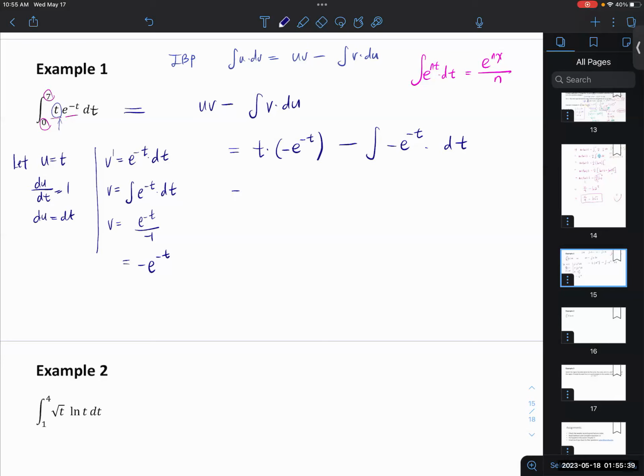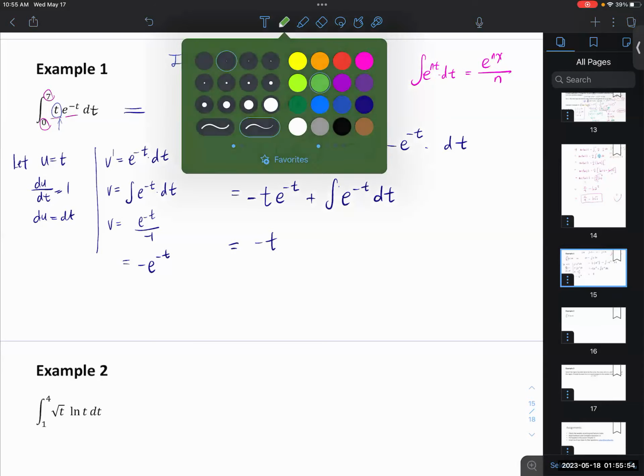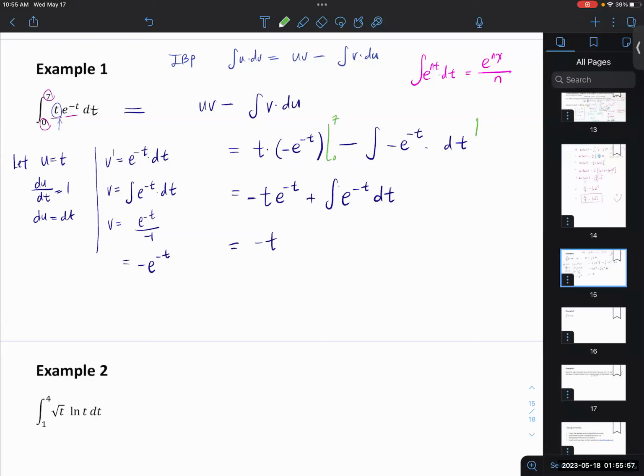So therefore, t times negative e to the negative t, double negative changes to positive, and then we have negative t. So I forgot something. We have here 0 to 7, here 0 to 7, here 0 to 7, here 0 to 7, right? So let me calculate that. So you're going to get what? Negative 7 e to the negative 7 minus, wait, at 0 everything will be 0, isn't it? So that's a 0.